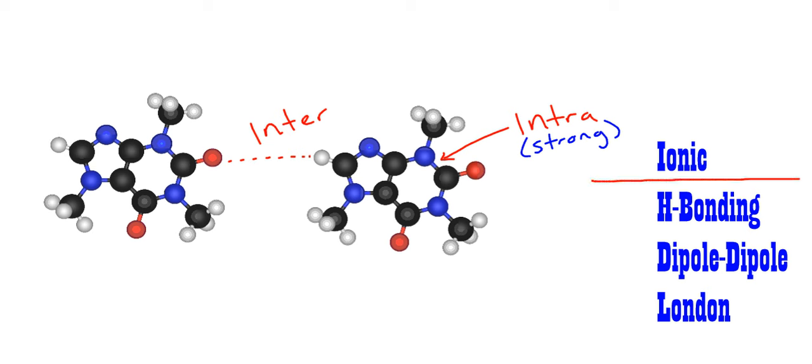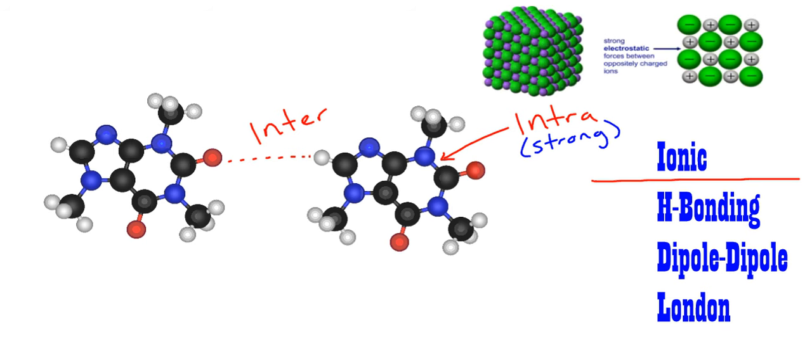Above the line, you have ionic, which is going to be extremely strong due to the fact that there's an attraction between a fully positively charged ion and a negatively charged ion. So that is a really strong attractive force. The other three are usually occurring in a covalent compound, which is a compound that is sharing electrons.